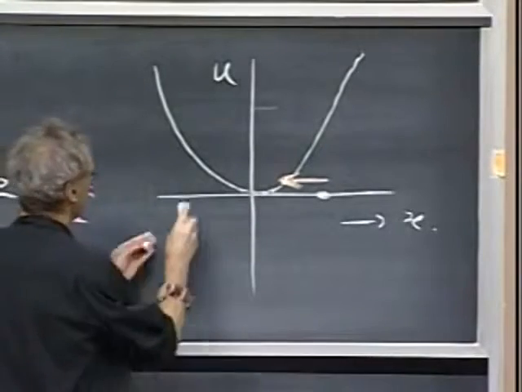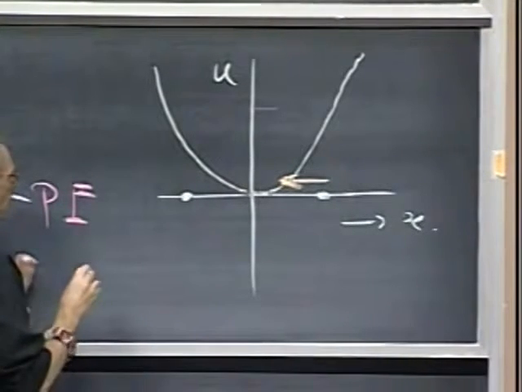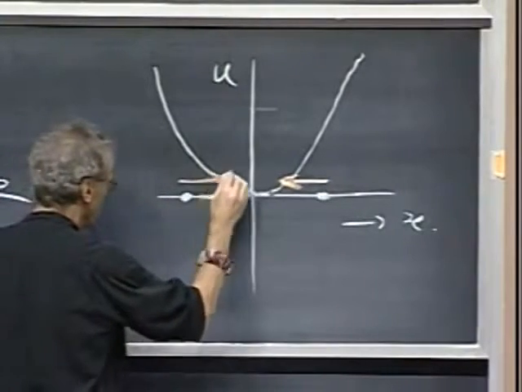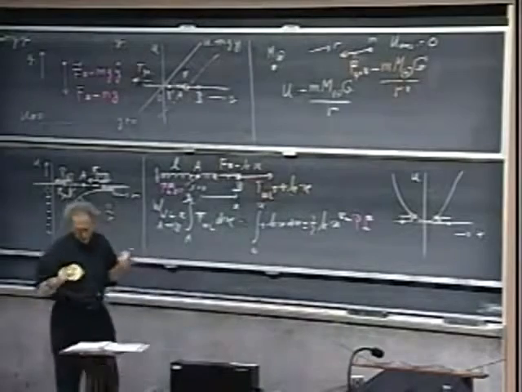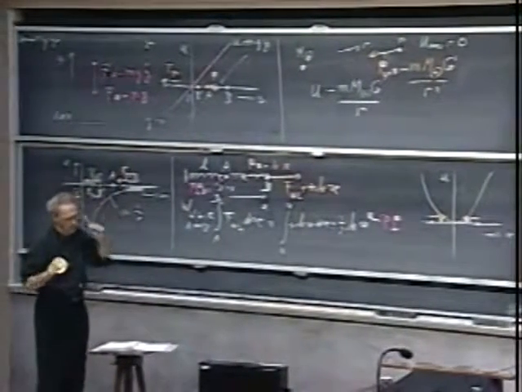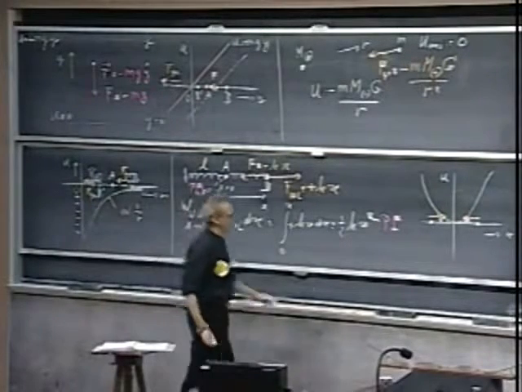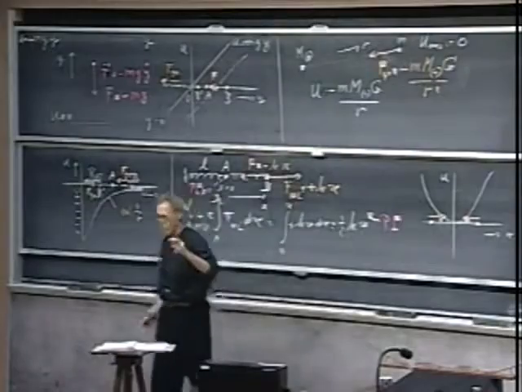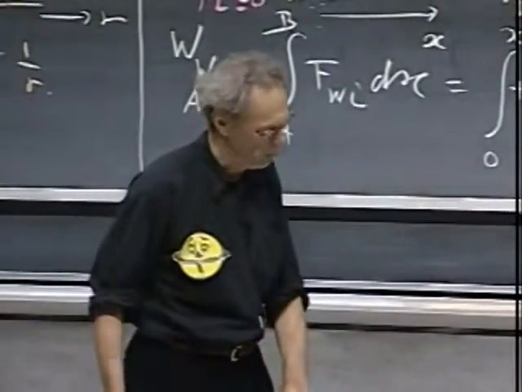If you're here, increasing potential energy is in this direction, so the force is in this direction. You see, it's a restoring force. The force is always in the direction opposite to increasing potential energy. If you release an object here at 0 speed, it will therefore go towards lower potential energy. The force will drive it to lower potential energy.